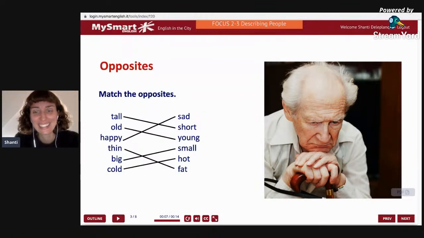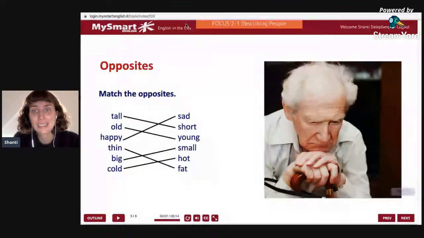Okay. Let's see. So he's serious, he's old, he's maybe sad. It's difficult to know if he's tall or short. Someone said he's thin. Yes, he looks thin. Next picture.